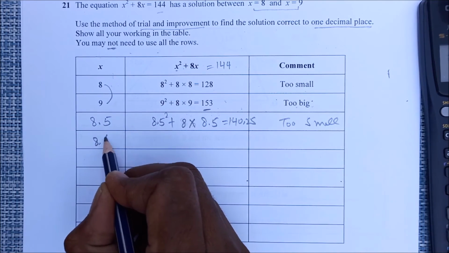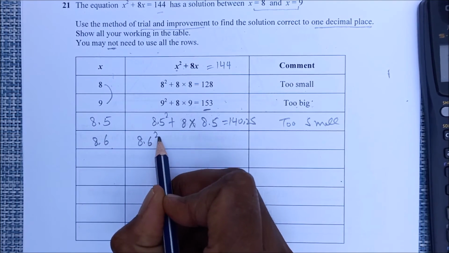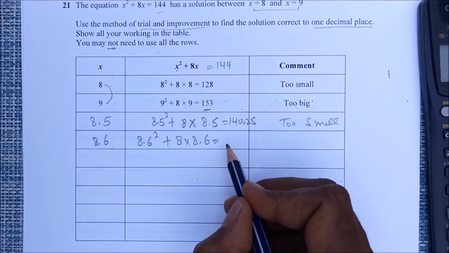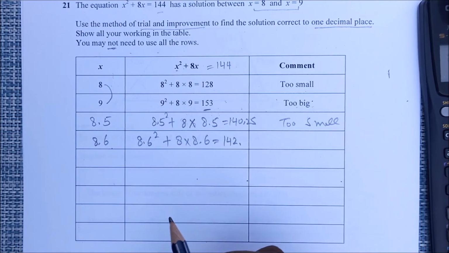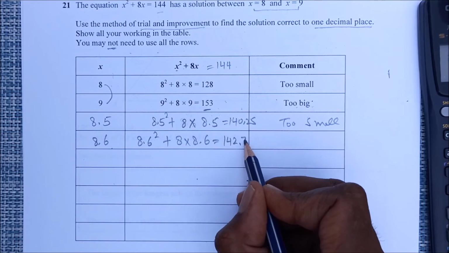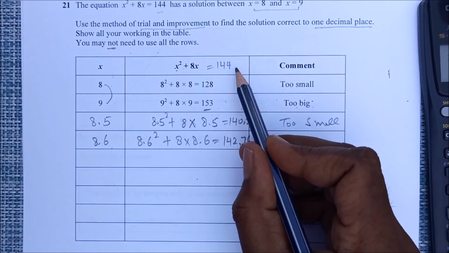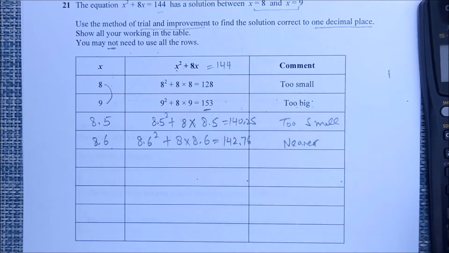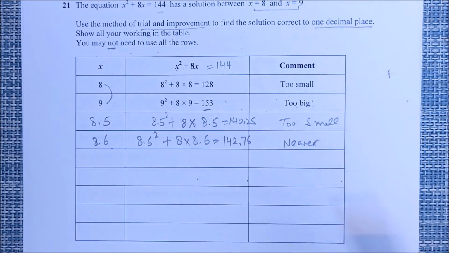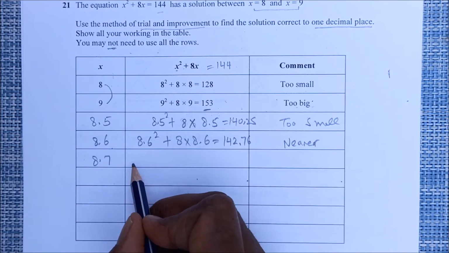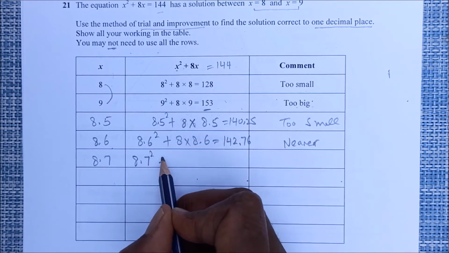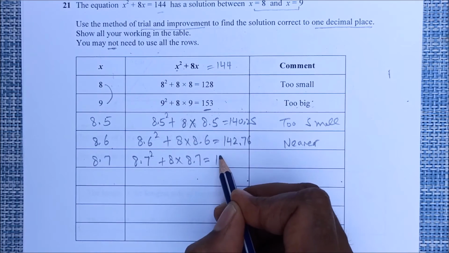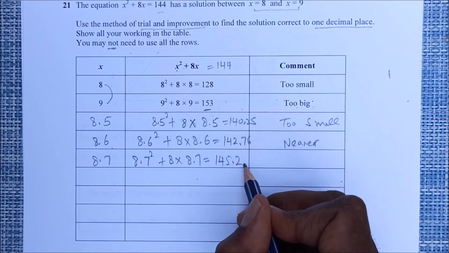Let's take 8.6. So it will be 8.6 squared plus 8 times 8.6. We will calculate the same way. We are getting this value 142.76. This is a bit near. We can say this is nearer to 144. So let's try 8.7. When you try 8.7, 8 times 8.7 equals 145.29.